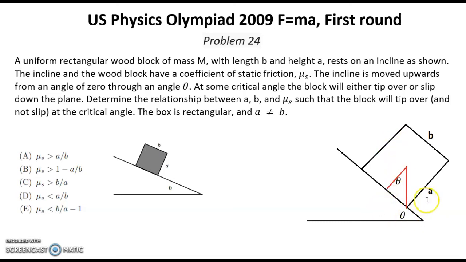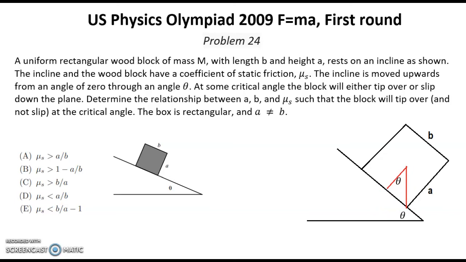It means that we can just work out the geometry for this picture. Here we have the angle theta, which is critical, and also we have the angle theta here because we have two perpendicular lines forming these two angles, and the tangent of this angle theta in a rectangle is exactly equal to b over a, and we know that this tangent equals mu static.